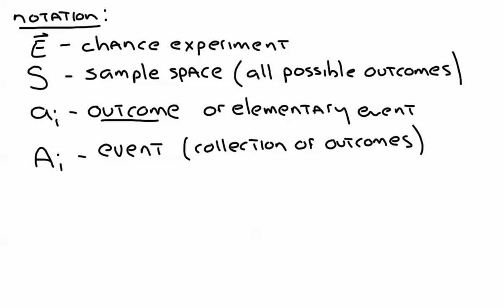In general, events can have a single outcome. They might have no outcomes. They can include all outcomes, meaning the sample space, or, more interestingly, a collection of some of the possible outcomes. Speaking of nothing occurring, we'll use the lowercase Greek letter phi to represent the null set, or null event. And this is the event that nothing occurs when I perform a chance experiment.